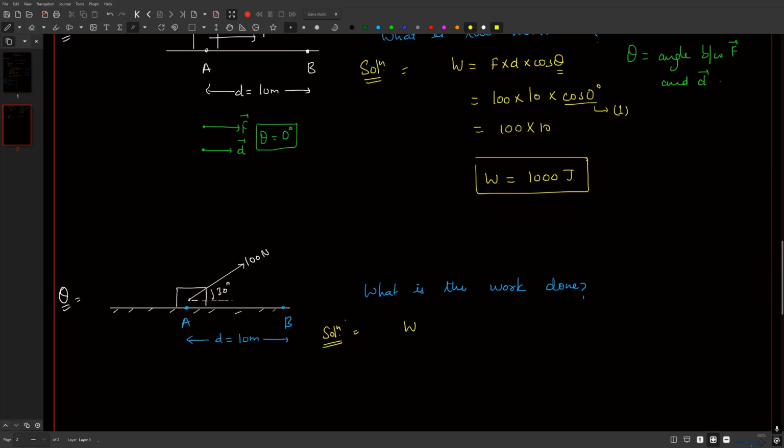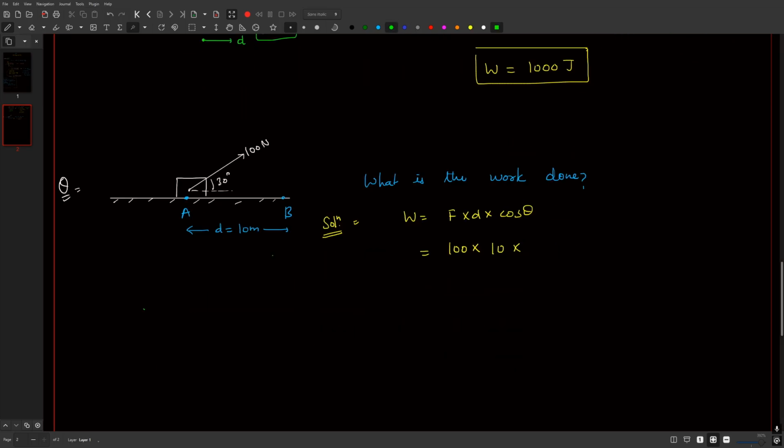Well, same thing again. Force times displacement times cosine theta. Force is 100, displacement is 10, and for cosine theta, if you pay attention, displacement is horizontal in this direction and force is acting in this direction. The theta is already given to you, 30 degrees. So it is cosine 30 degrees.